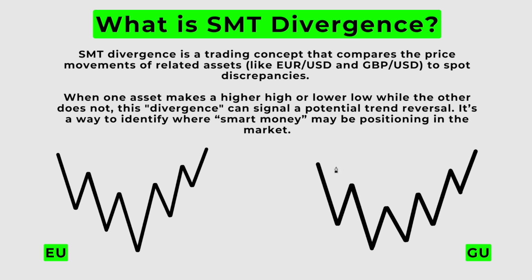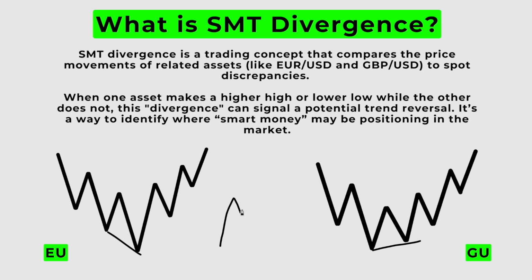If the pair is correlated, we would expect GBP USD to also come down and make a lower low, but it doesn't. This is a crack in correlation, and this is known as SMT divergence.